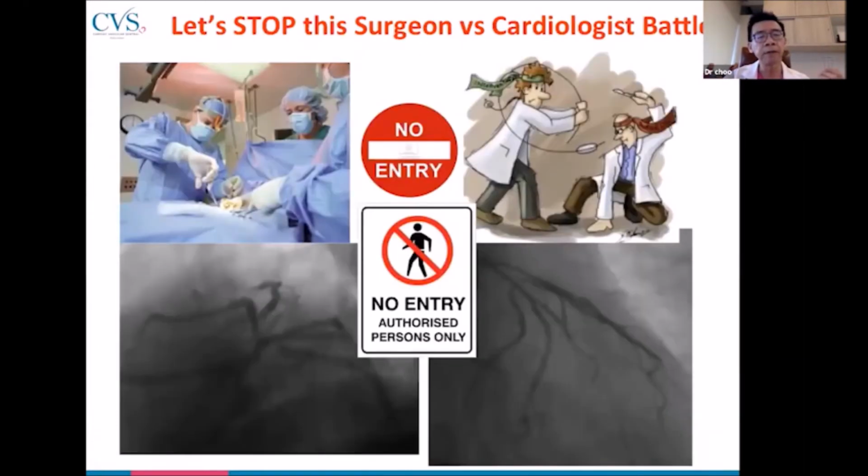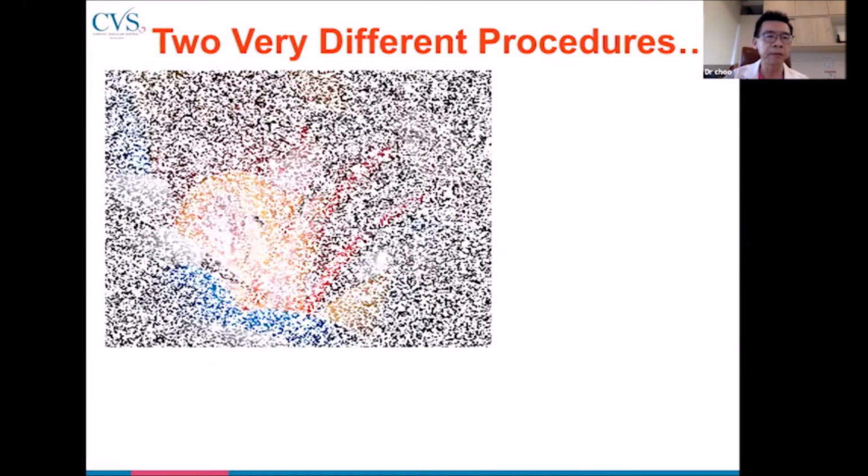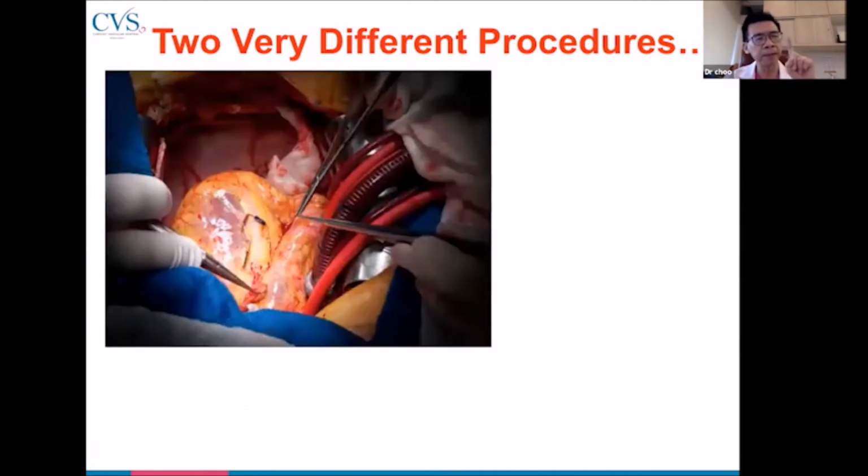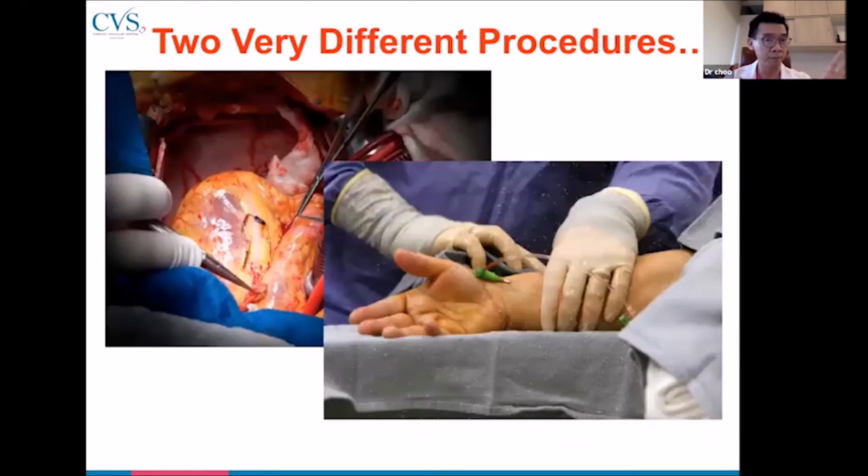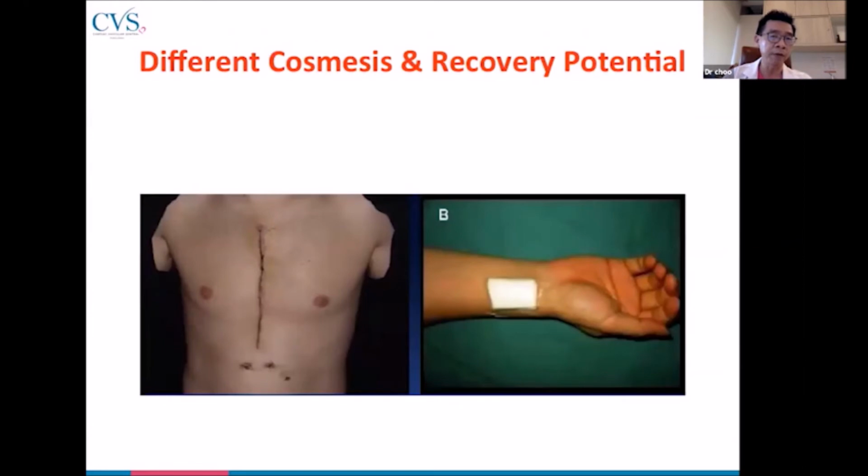So I think instead of battling or comparing between who should do it, a cardiologist or a surgeon, perhaps we should look at the objective data. But we also must remember that CABG and PCI are very different procedures in terms of complexity, in terms of the cosmetic result and the recovery of the patient.